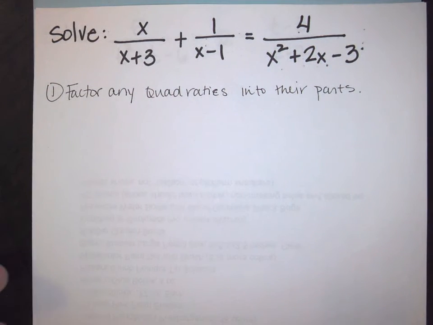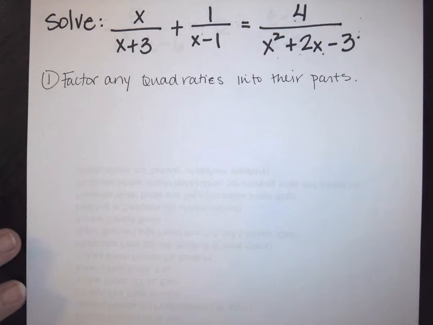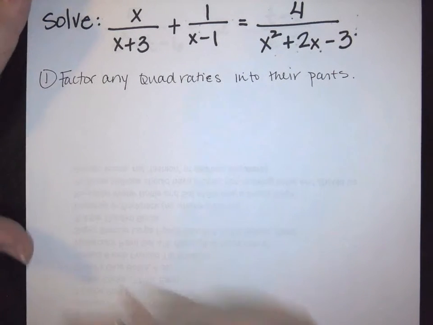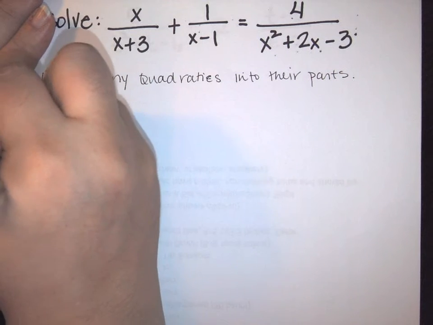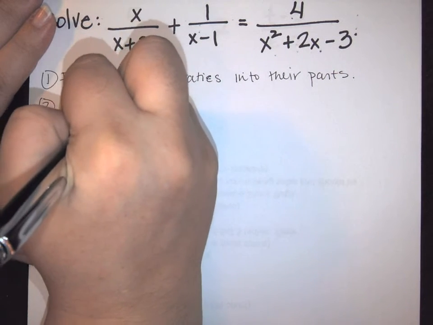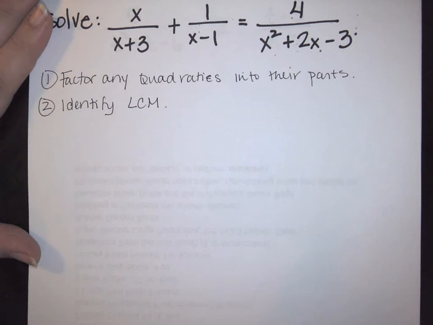The reason is to make it easier to identify your least common multiple. The second thing you have to do is identify your least common multiple.